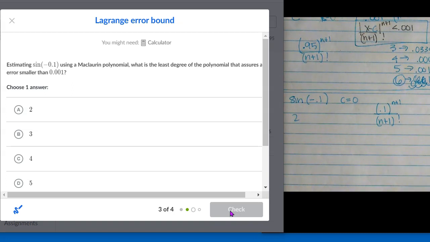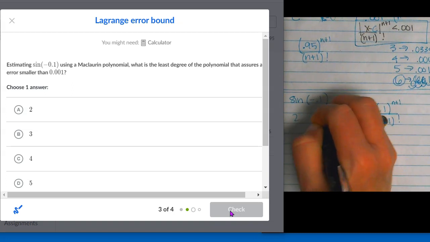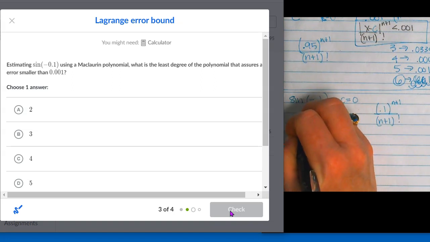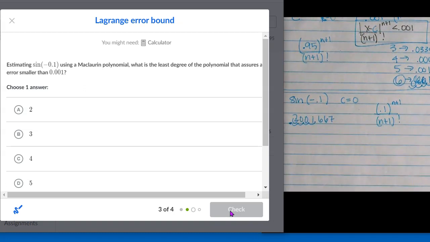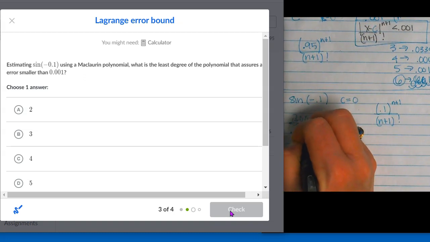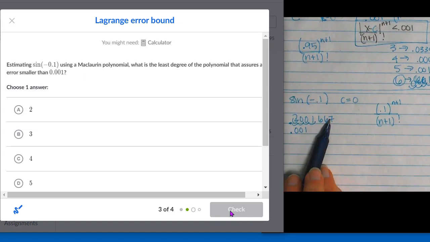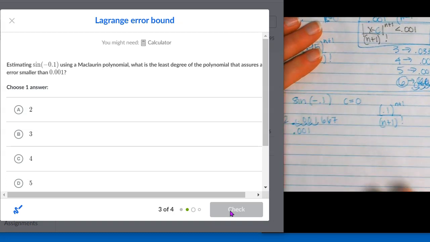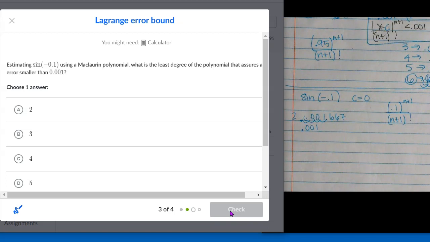Is that going to be enough? It says 1.667, 1, 2, 3, 4. 1, 2, 3. I did 3 and I got like e to the negative 6. But this is 0.0, so I'm supposed to be comparing it to 0.001. So this one's smaller. Right, so this one having 3 zeros is smaller because the other one has 2 zeros.